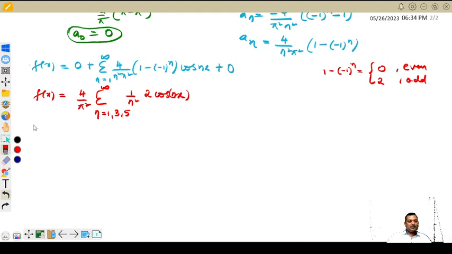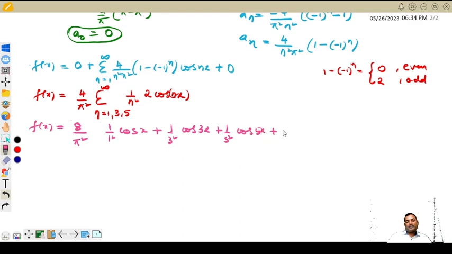F of x is equal to 4 twos, which is 8, so 8 by pi square. Expand by substitution of odd numbers: 1 by 1 square into cos x plus 1 by 3 square into cos 3x, plus 1 by 5 square into cos of 5x.